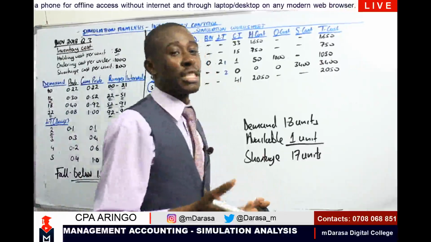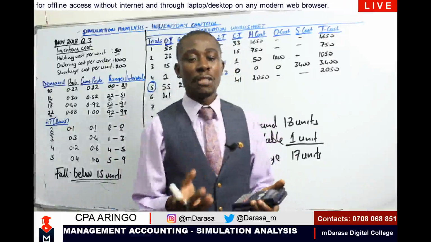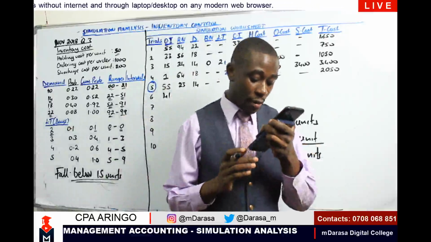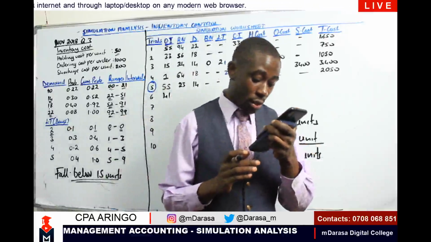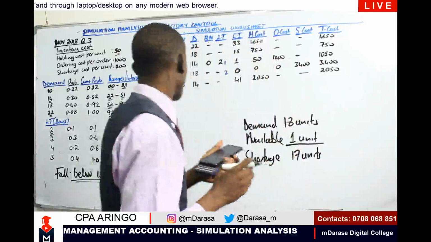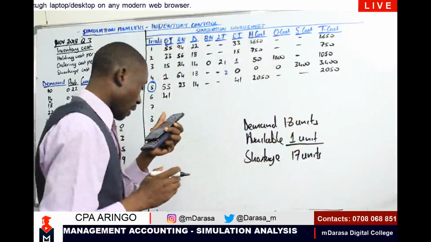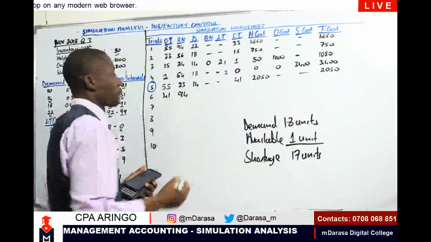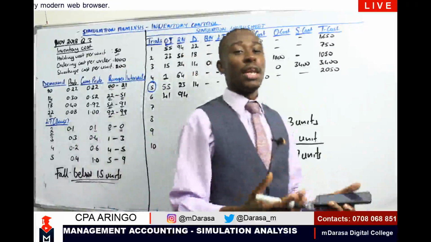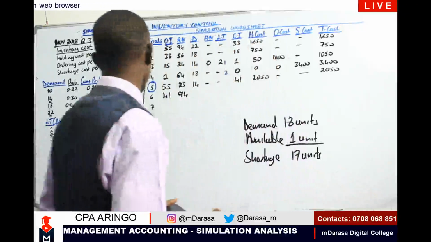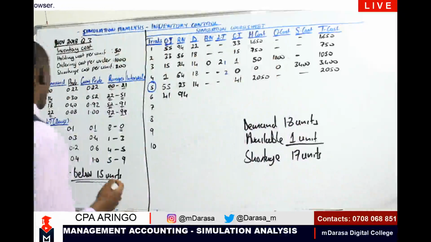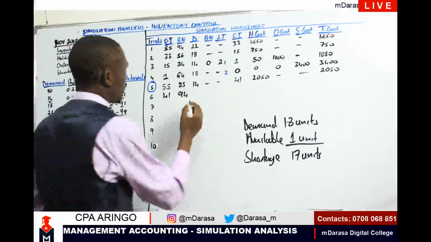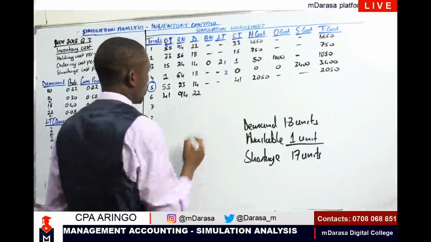Random number to consider will be what? After 23, the next random number I'm having is 94. And where will 94 fall? 94 will fall between 92 and 99 to give us 22 units being our demand.